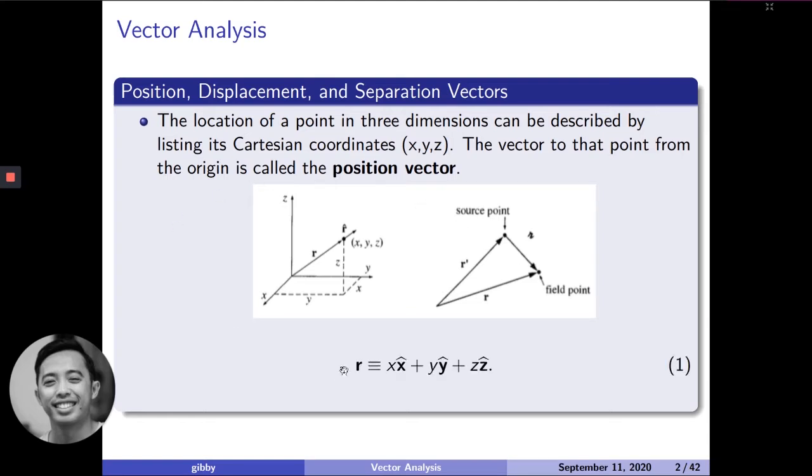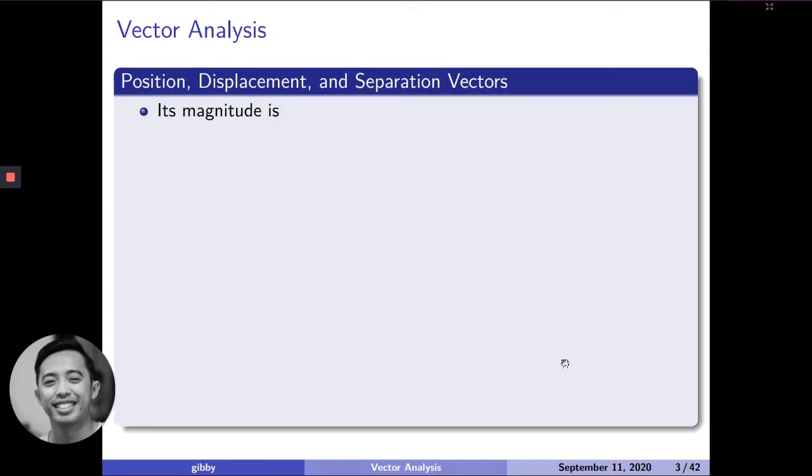So the position vector r is given by equation 1. It is expressed in this form, with the magnitude and the direction x hat plus y hat plus z hat. Its magnitude is given by equation 2. You get the square root of x squared plus y squared plus z squared, and it is the distance from the origin.